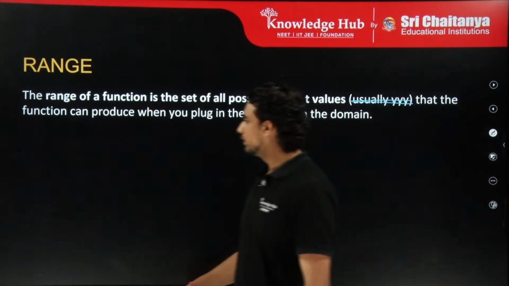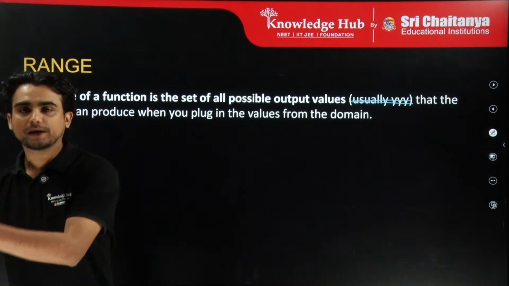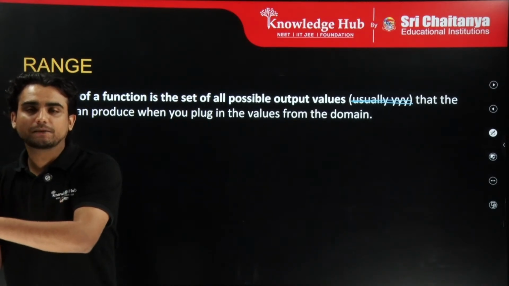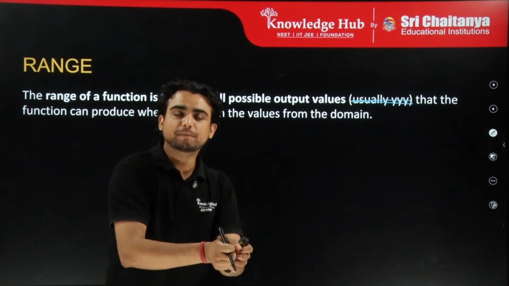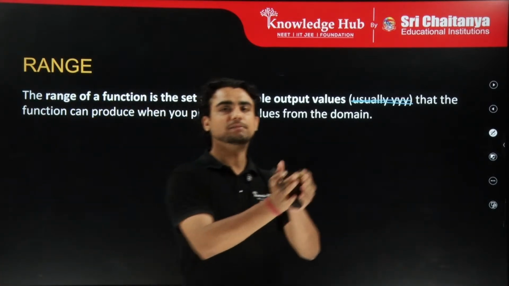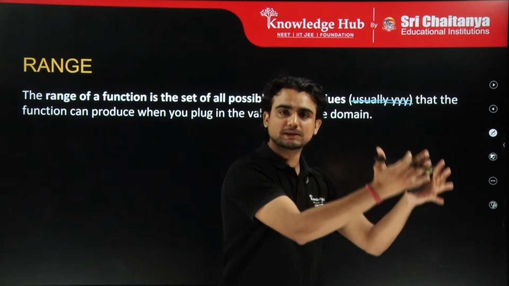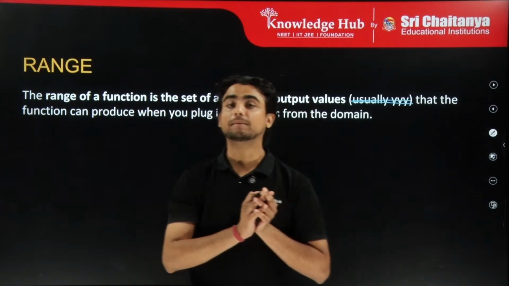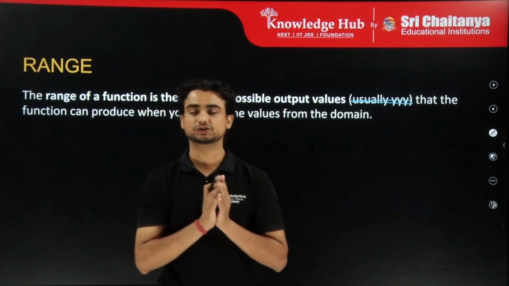So now I'll take values from my domain, the set of all possible input values. From the input values, I'll put that inside my function and I'll get some output values. So all the possible output values are my range, sorry, not domain, range, right?